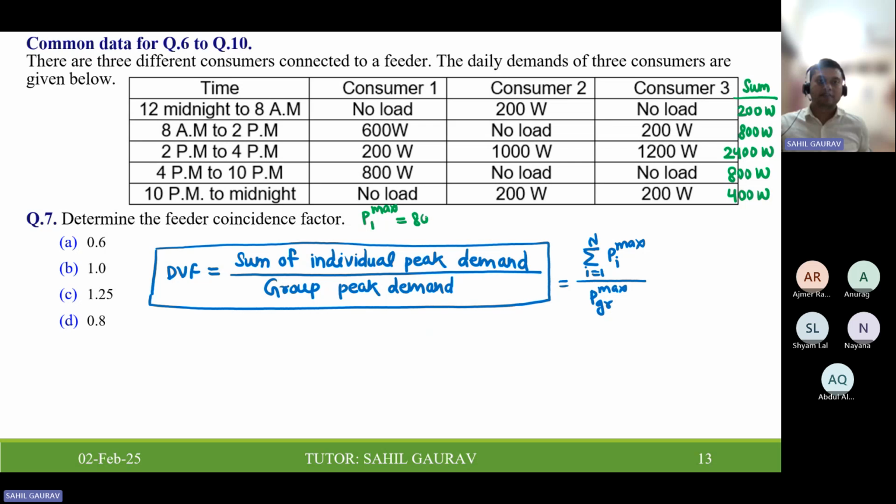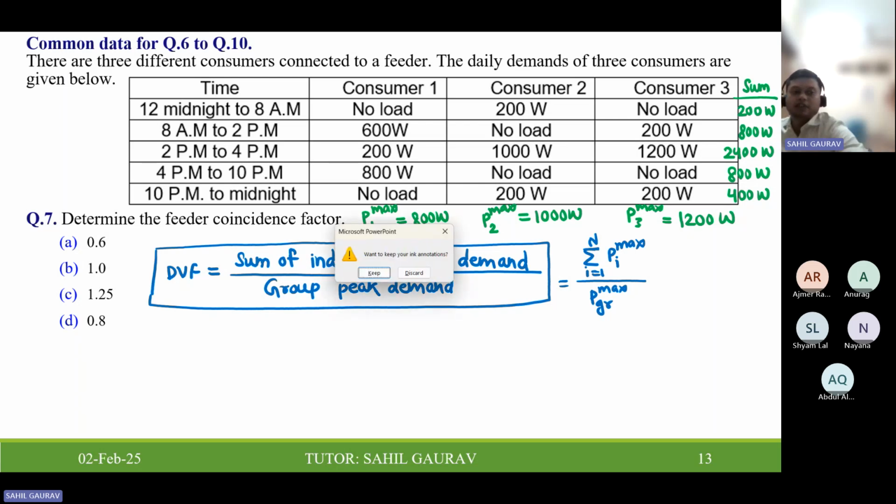P1 max is 800 watt, and P2 max is 1000 watt, and P3 max you will get as 1200 watt. Now I provided the data, just find the diversity factor, and then we will find the coincidence factor.